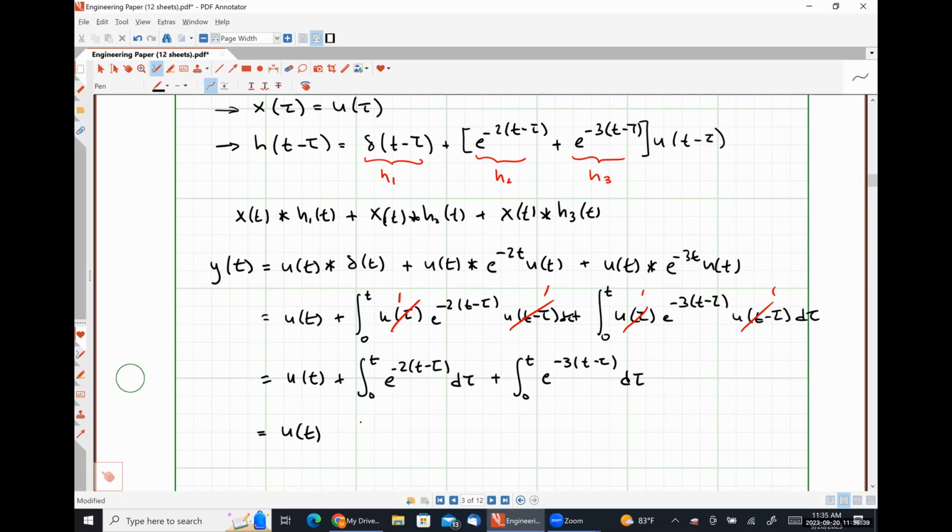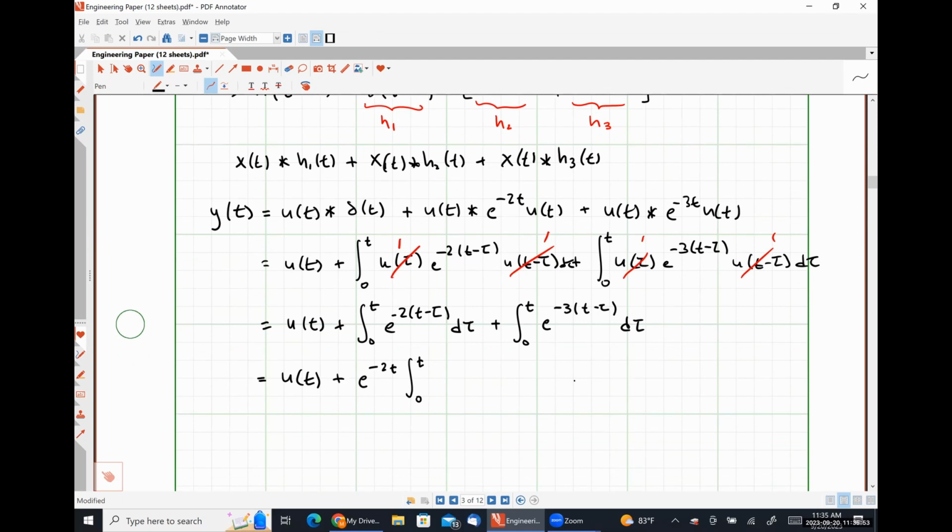So that's going to look like u of t times e to the negative 2t times the integral from 0 to t of e to the positive 2 tau d tau, plus e to the minus 3t times the integral from 0 to t of e to the positive 3 tau d tau.